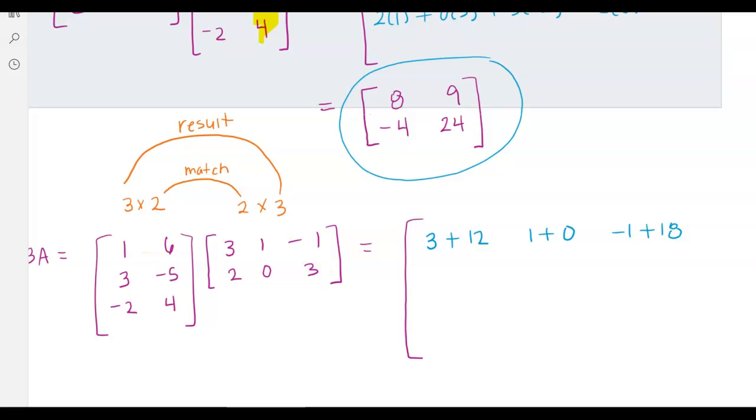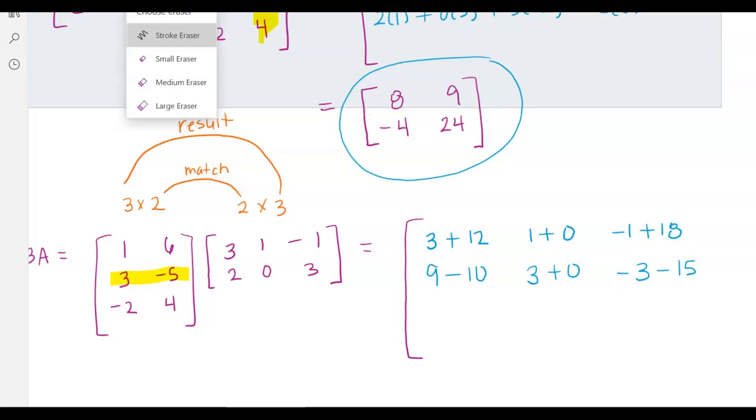Okay, let's move down to the second row. Second row, first column, 9 minus 10. Second row, second column, 3 plus 0. Second row, third column, -3 minus 15.